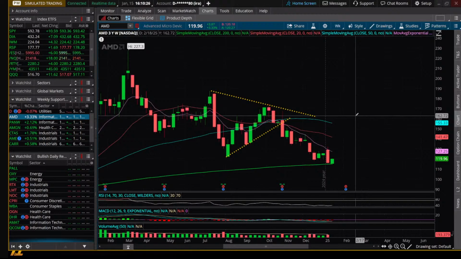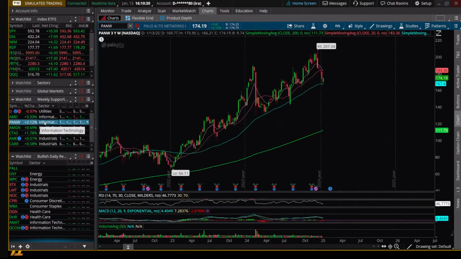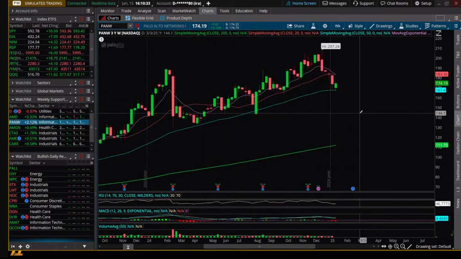All of that stuff we're going to talk about here in a second. It really starts with understanding where your stock is in relationship to where these very important areas of support and resistance are. You take Palo Alto Networks, for example, sitting on the 50-period moving average. Well, why would I expect some degree of reversal? I'm not saying it's going to reverse, by the way. I'm saying I expect a battle to occur here.